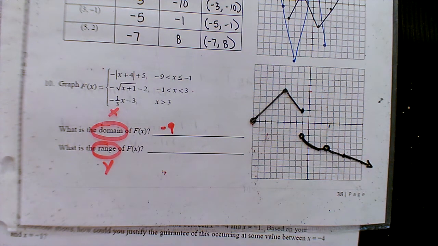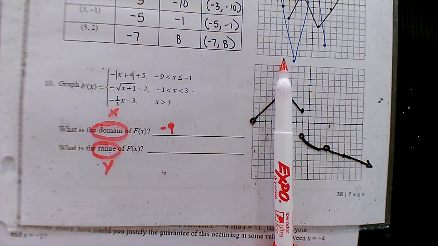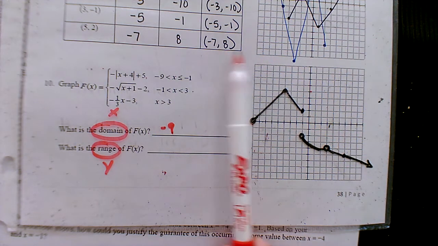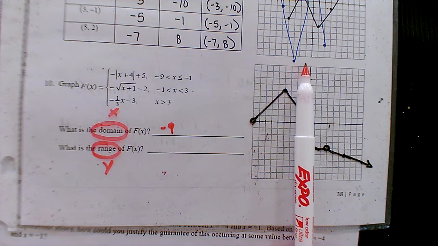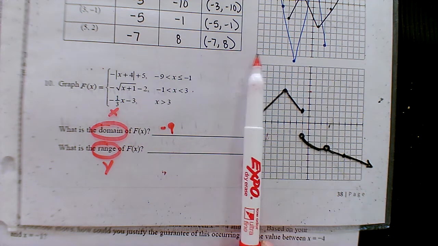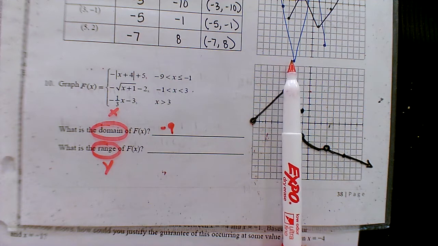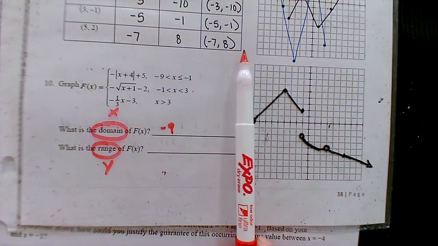As we continue to drag our pencil across, you need to ask yourself, where do I come to a spot that does not have an x value? Meaning there's no point at that x value. Can we find one?